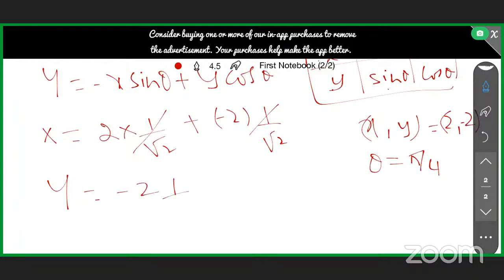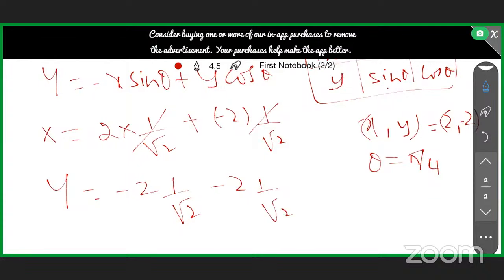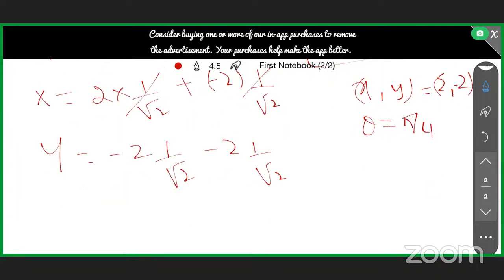Two 1/√2 minus 2 1/√2. Similarly for Y, this will be -4 times 1/√2. If I simplify this, this will be -2√2.